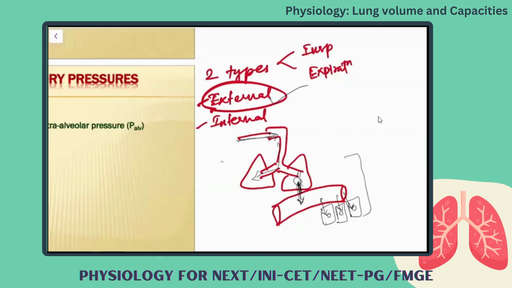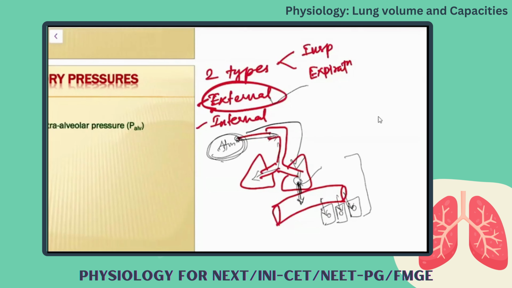Initially the air is moving from the atmosphere, so you have to consider the atmospheric pressure. Atmospheric pressure should be higher than the alveolar pressure. Then only the air will move from the high pressure to the low pressure zone.